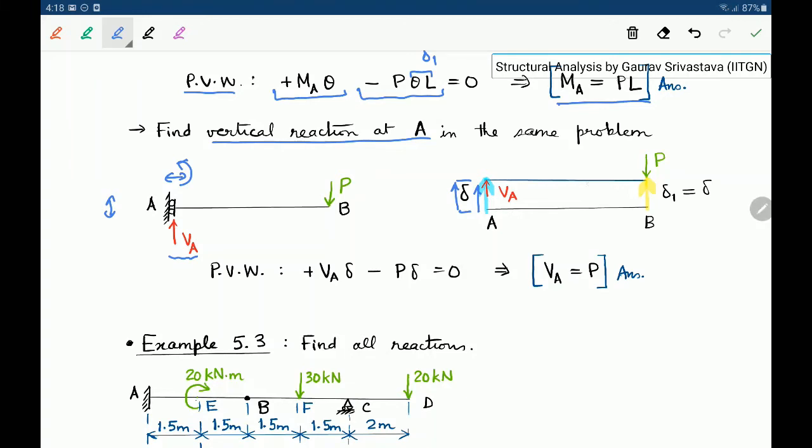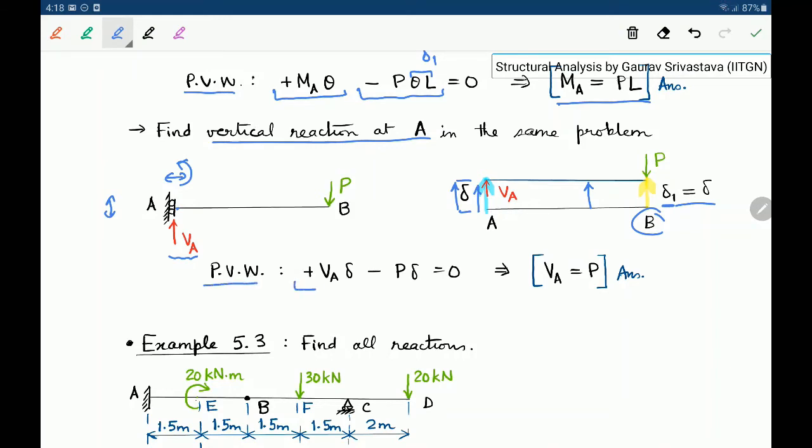And because this beam is rigid and this beam cannot rotate at A, or it cannot translate in the x direction at A, this entire beam will go up, right? So the induced virtual displacement delta 1 at the point B will be equal to delta. Okay, so now again we can write the principle of virtual work.